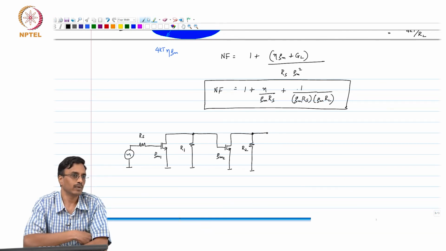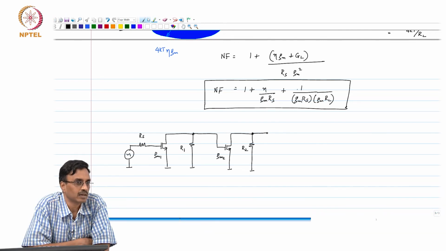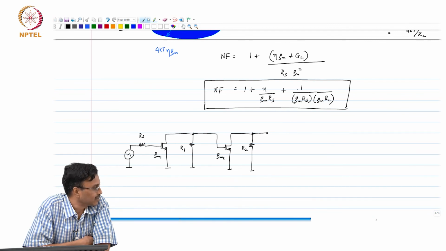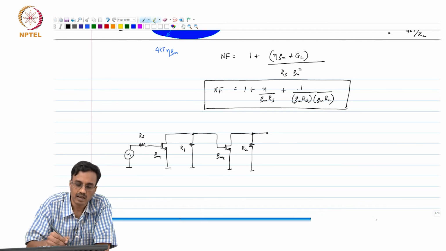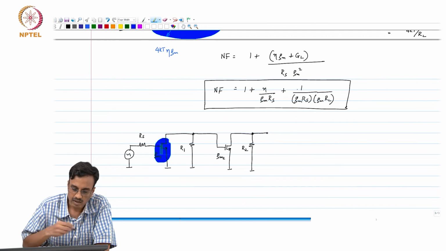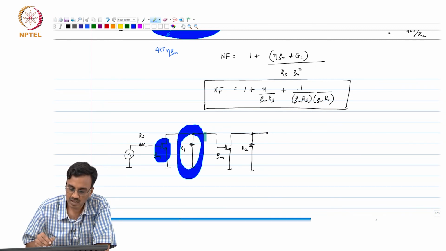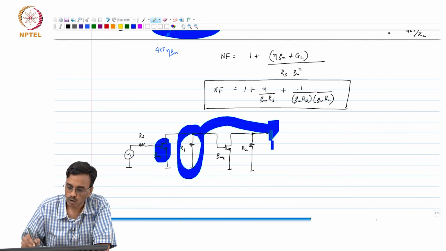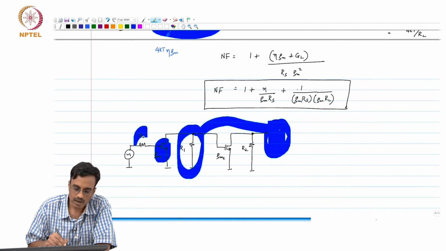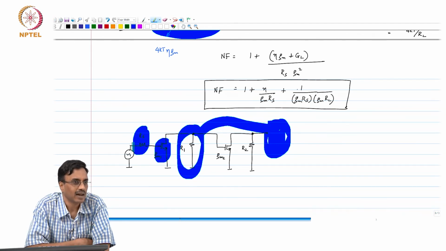Why? Intuitively, why does it make sense? Oh, well, yeah, that's right. Any noise current added by the transistor is converted into a voltage that is further amplified. So, a lot of the noise here will be due to Gm1 and Rs.